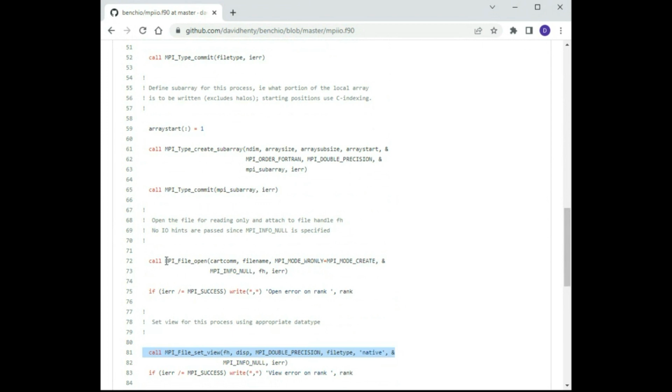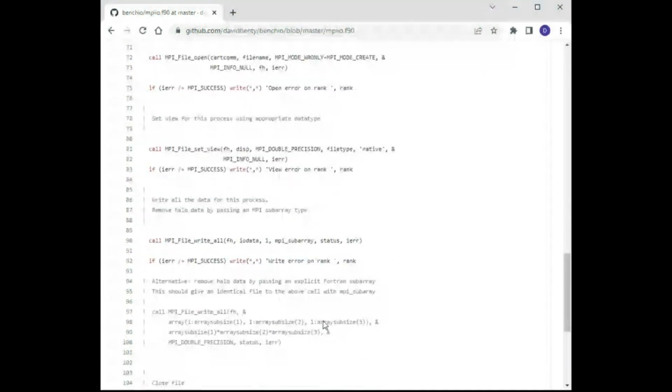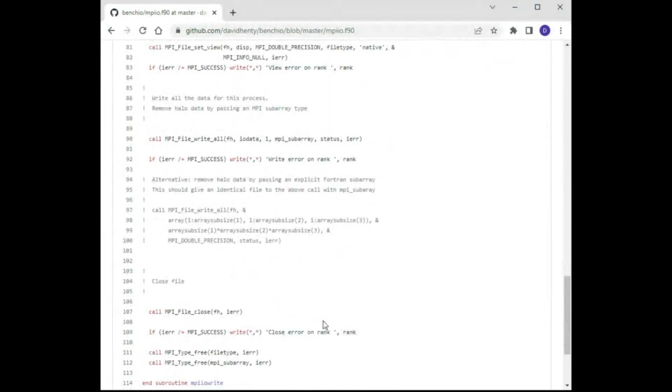My arrays also have halos, so I use another data type to strip the halos. One is to specify to MPI-IO what parts of the file each process is writing to, and the other is to strip off the halos. And in fact, the actual parallel IO is very, very simple. It's deceptively simple.